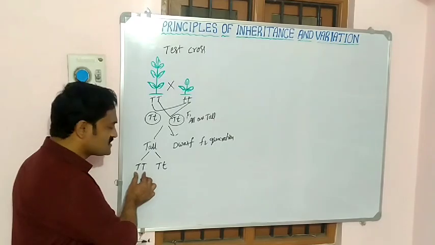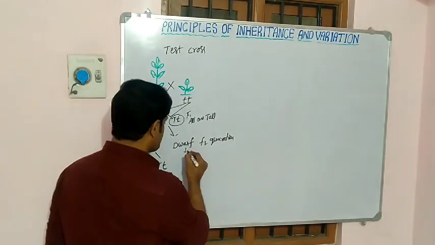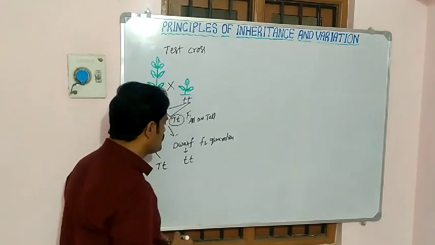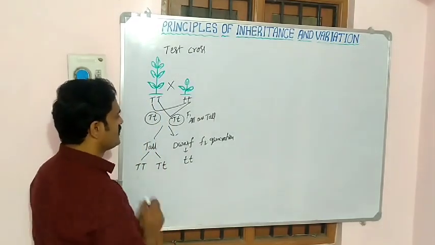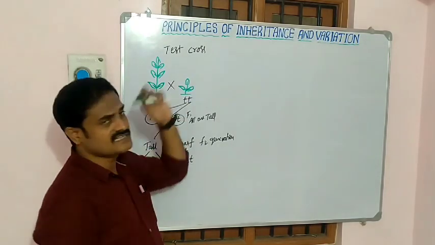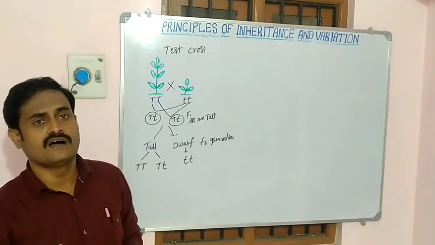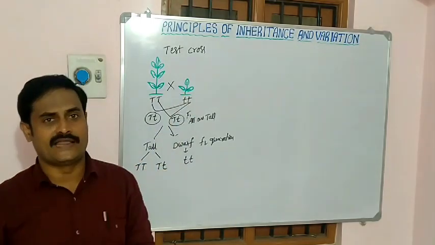But this is homozygous tall. This is heterozygous tall. Coming to dwarf, always both are homozygous dwarf characters. Both are small t.